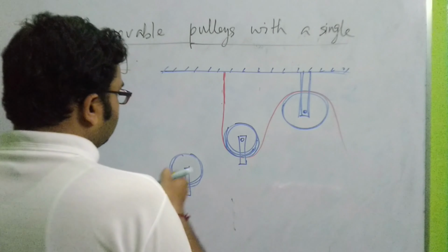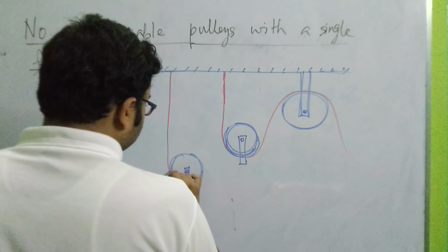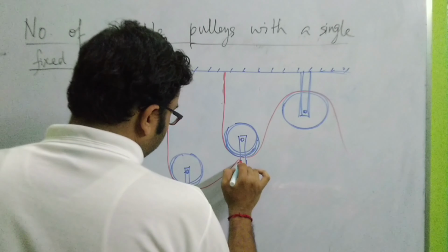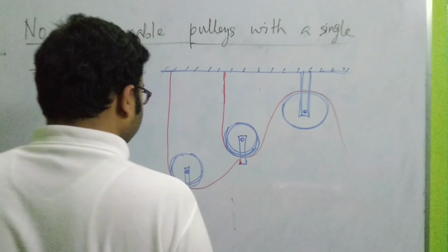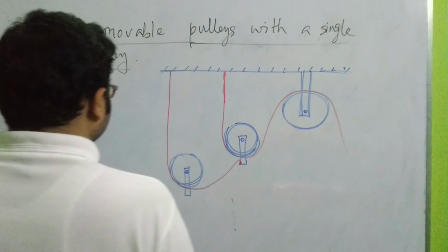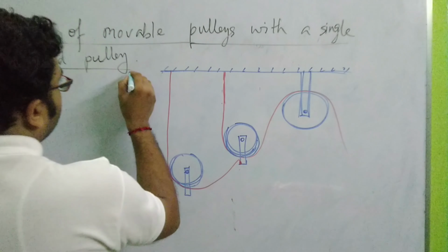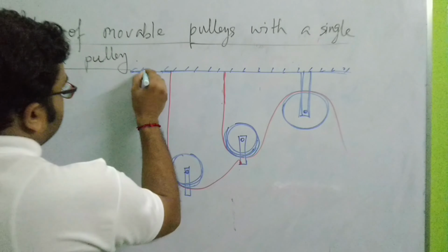Another string will be passing through this point, and it will be attached to this particular hook. And there will be another in combination.